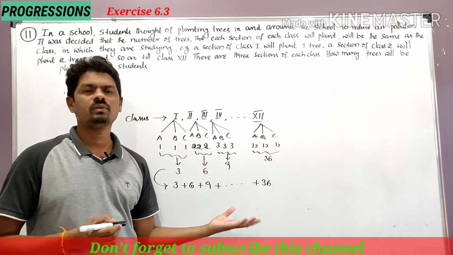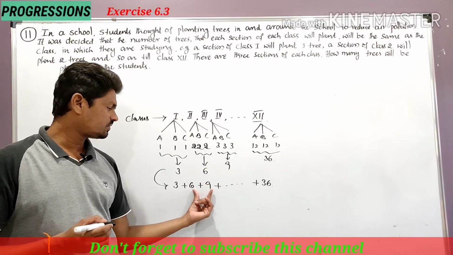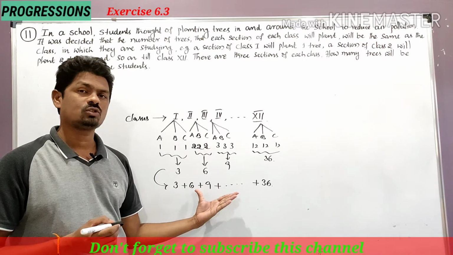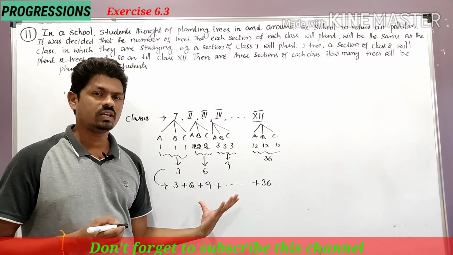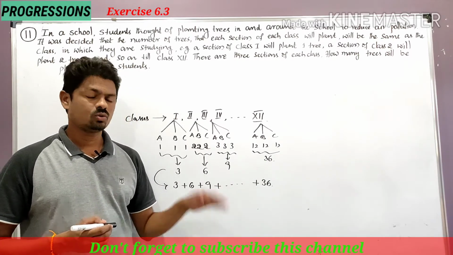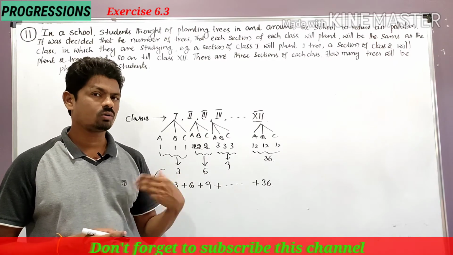Here it forms an arithmetic progression, because the difference of every 2 successive terms is the same. Now we have to use the sum of the n terms to find the sum of all the trees. So this is the analysis of the problem, and now we have to solve.